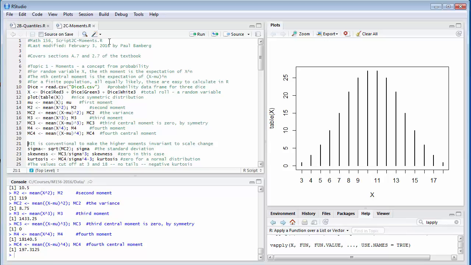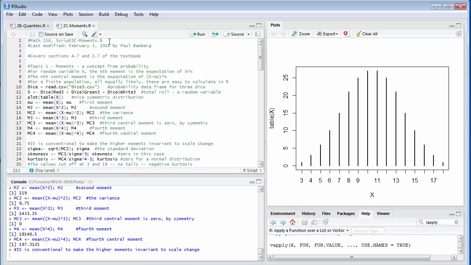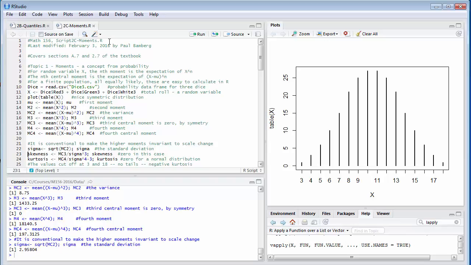And in fact, what's conventional to do is to make these third and fourth moments invariant to scale change, so that if I did the same thing for twice the die roll, I'd come up with the same numbers. Here's how this is done. This is discussed in the math notes. First, you take the square root of the variance to get the population standard deviation, conventionally denoted by sigma.